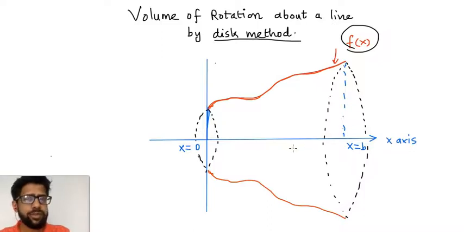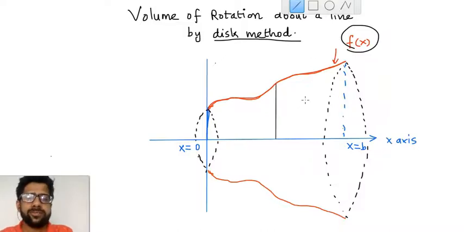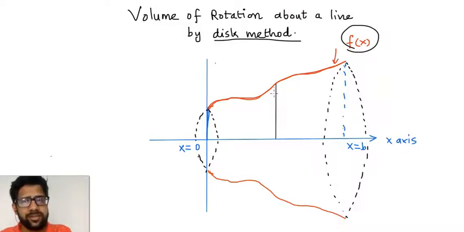In the disk method, what we do is, from the line about which we are rotating the area bounded, we draw a perpendicular line anywhere from the line to the curve. So this is a kind of line we might get. And now let's say this is the radius of some disk.